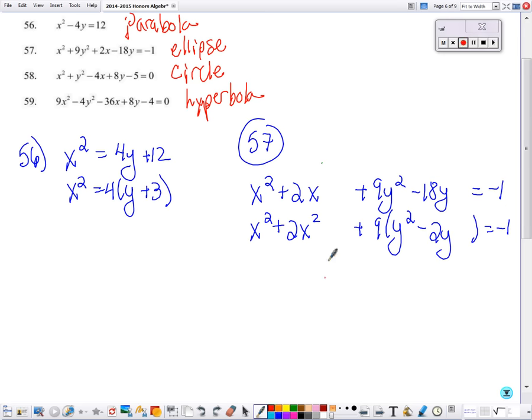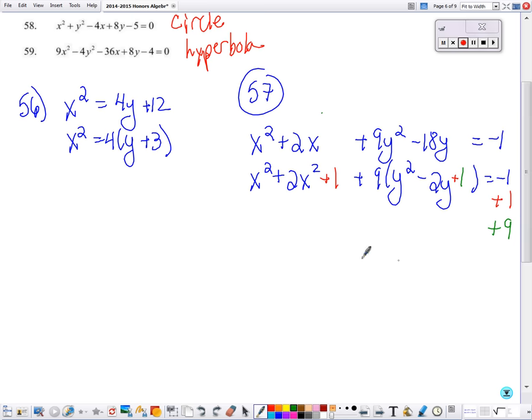So now we can complete the square. Half of 2 squared to both sides. And then half of negative 2 squared is 1. But before you add that to the other side, you also have to multiply it back by the coefficient. So that's plus 9. So now that we've completed the square, we can factor.